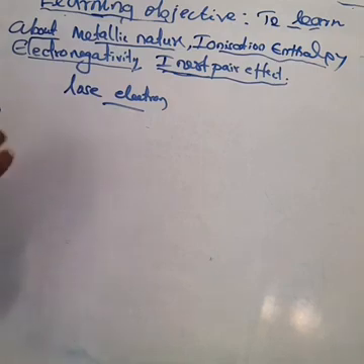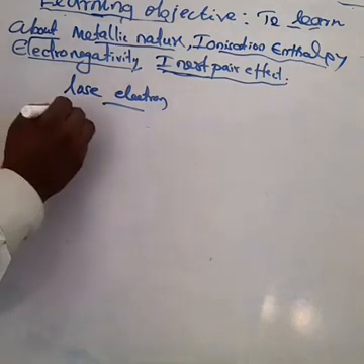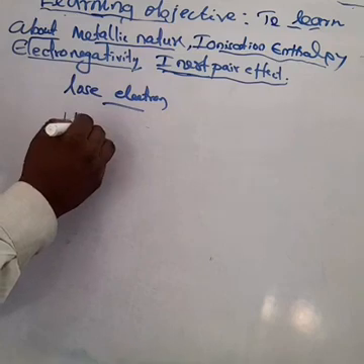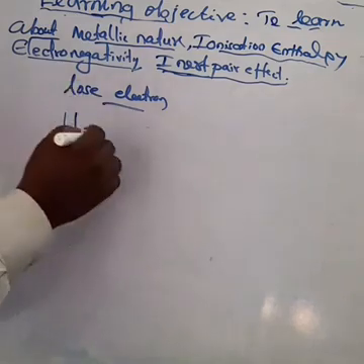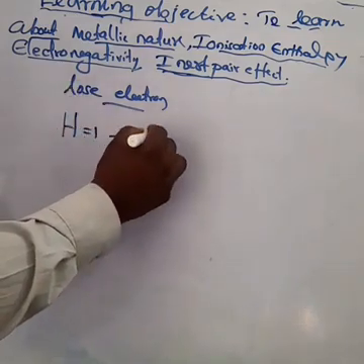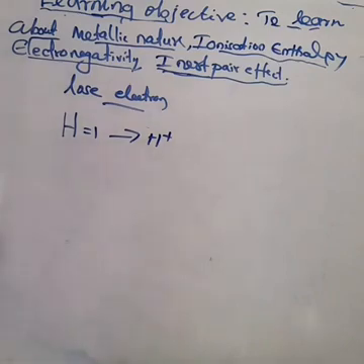For example, hydrogen. Hydrogen loses its electron and it achieves a plus charge. Am I right? That is why we say electropositive elements are metallic characters. So this character depends upon the ionization energy.